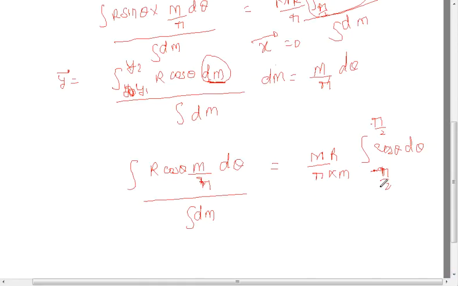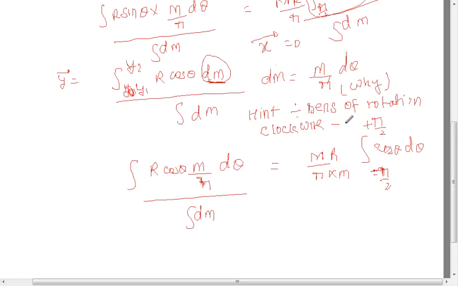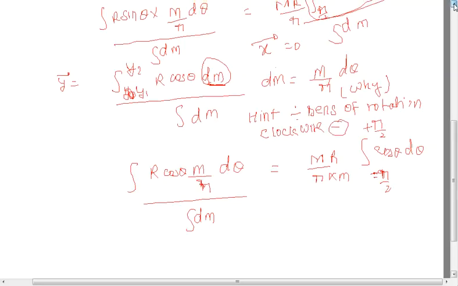Here this will not be pi by 2 to minus pi by 2, this will be minus pi by 2 to plus pi by 2. You should think about why. I am giving you a hint: the hint is the sense of rotation. We take clockwise as negative.